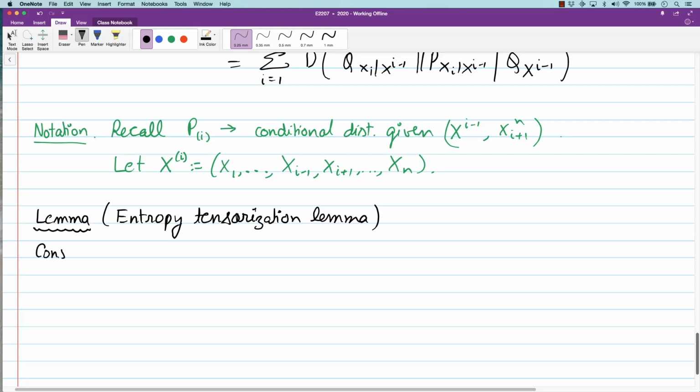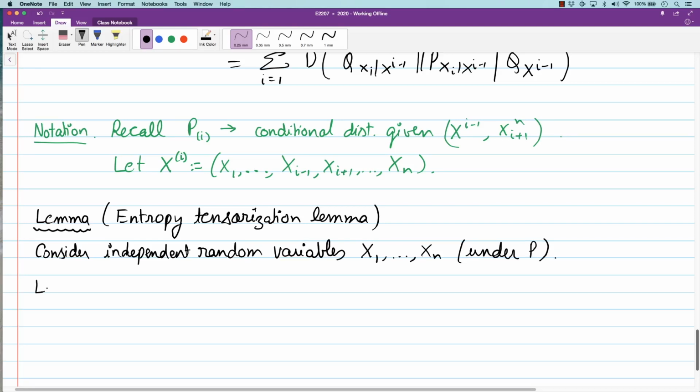So consider independent random variables X1 to Xn under P. Let Q(X1 to Xn) be any other distribution.